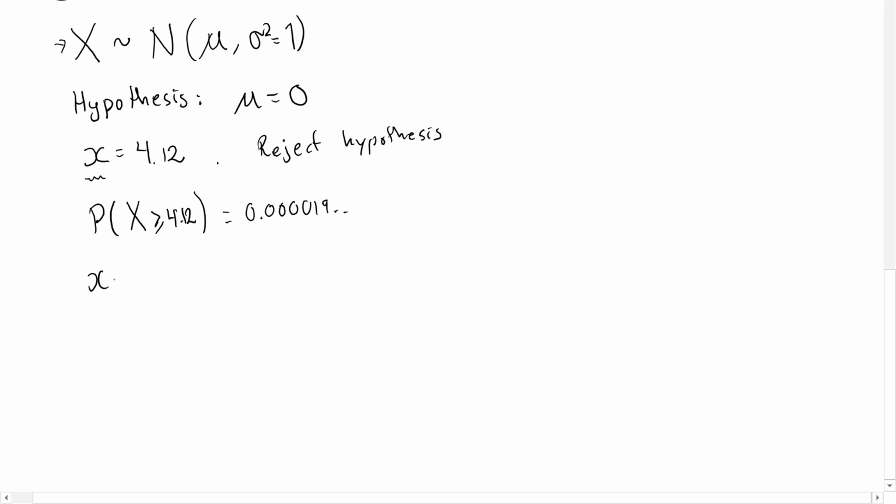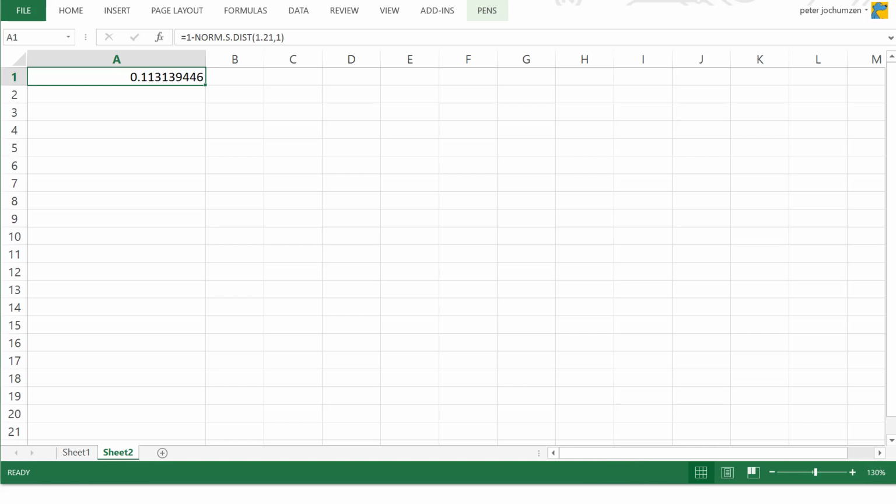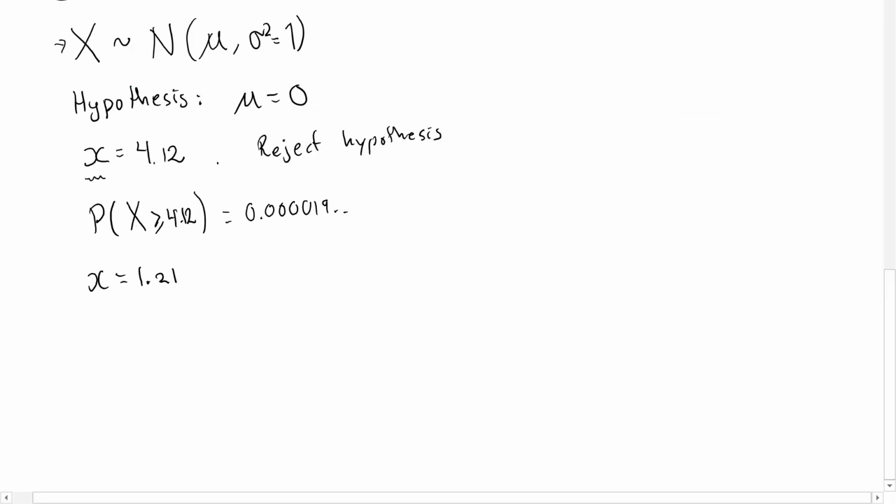What if you were to get x equal to 1.21, let's say? Well, in this case, 1.21 is not an exceptional number from the standard normal. The probability of getting 1.21 or bigger is 11%.